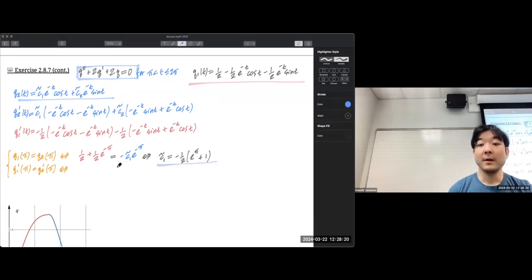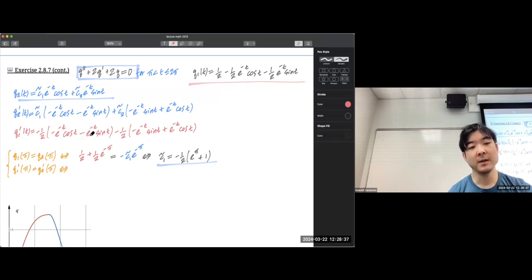Okay. Now let's look at this one down here. So we're going to plug pi into Q1 prime, which is this red one. Okay, so you have half. Inside of this, the sine will go away. You just have negative e to the negative pi. Cosine of pi is negative. So you have a negative times a negative times a negative, which is overall a negative.